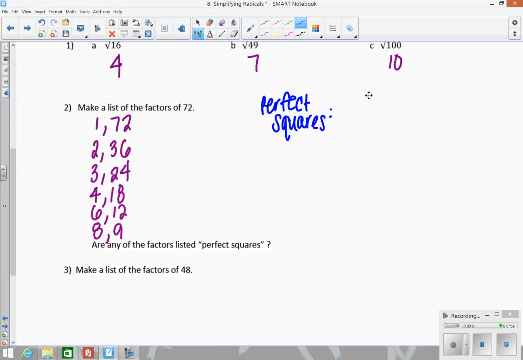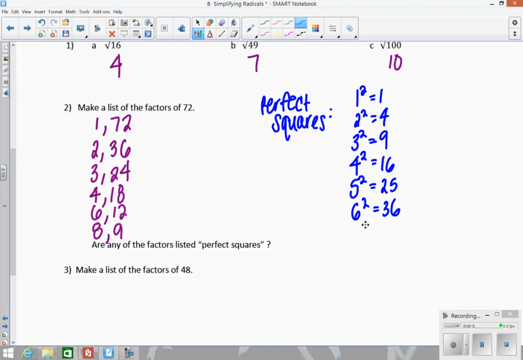For example, 1 squared equals 1, 2 squared equals 4, 3 squared equals 9, 4 squared equals 16, 5 squared 25, 6 squared 36, 7 squared 49, 8 squared 64, 9 squared equals 81, and 10 squared equals 100.